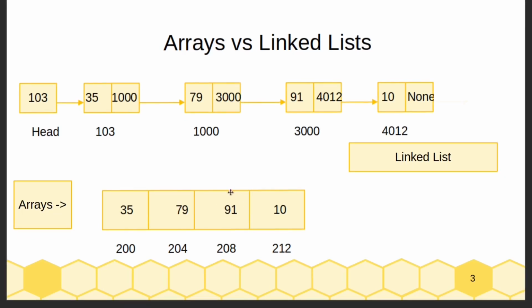It is present at index number 2 (0, 1 and 2), so we can directly access it from here. But if we want to access an element in a linked list, then we first have to iterate through each node and check whether the element is present or not. So its average time complexity is big O of n.